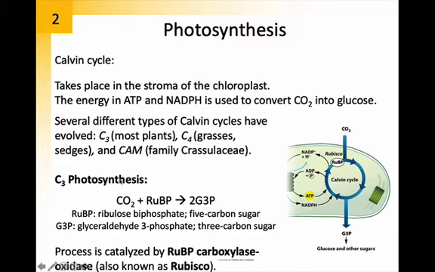That's why we call it C3 photosynthesis. And so here's the schema here. This enzyme, Rubisco, is a really interesting enzyme, and it has the advantage of being able to drive photosynthesis. It also has some disadvantages that pop up in particular environmental conditions.